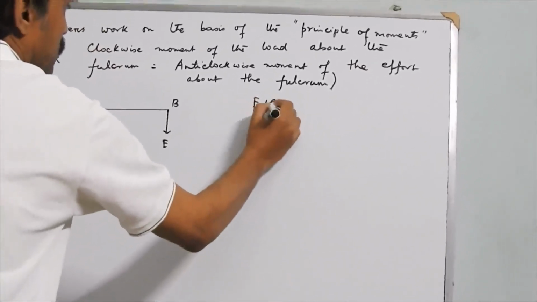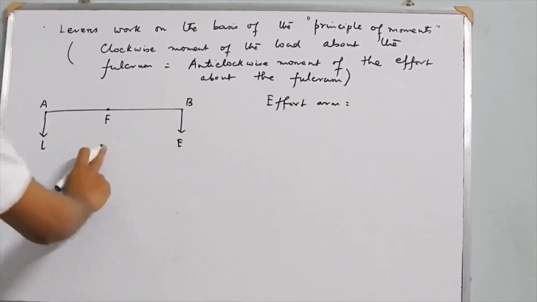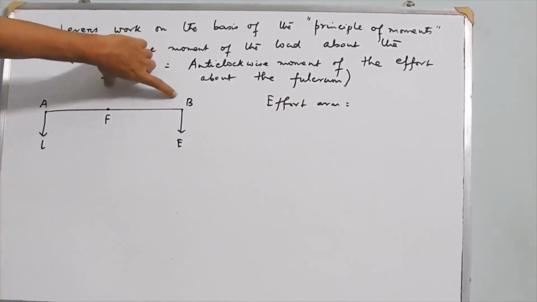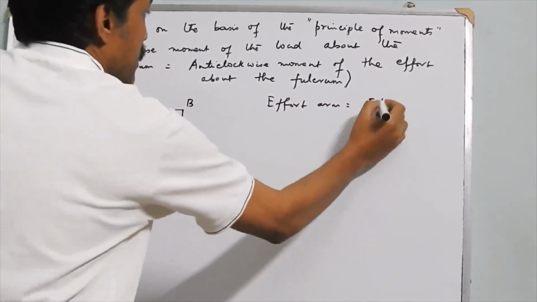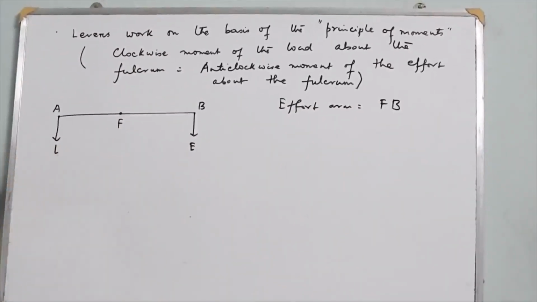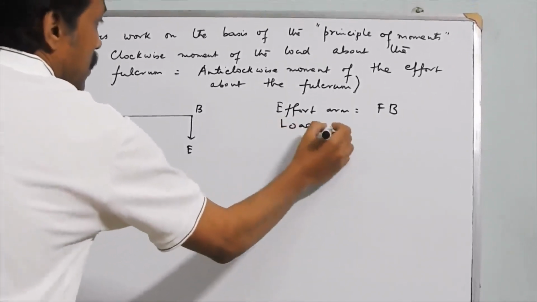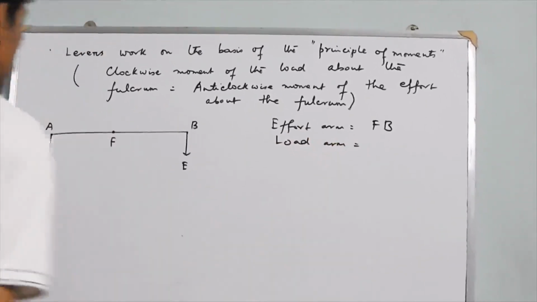So the effort arm is simply the distance between the effort and the fulcrum, which we can call as FB as per this diagram. The distance between the load and the fulcrum is the load arm, and as per this diagram, this is AF.